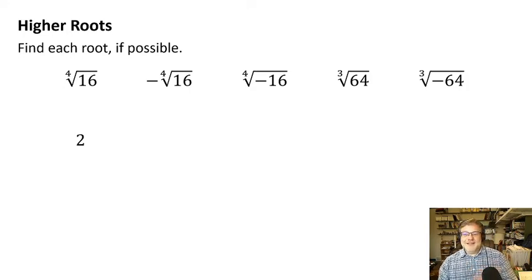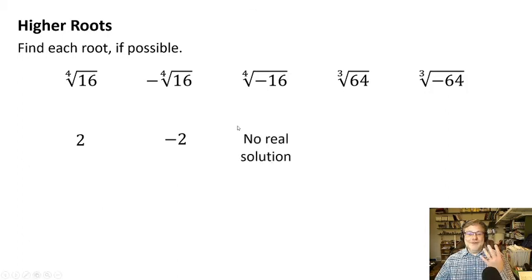And since this is an even root, we have a negative possible solution as well. The negative fourth root of 16 will be -2. But the fourth root of -16, what number times itself times itself times itself is -16? There is no real solution to that, none whatsoever.